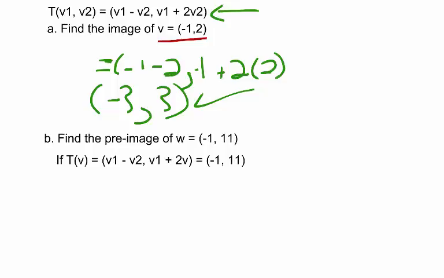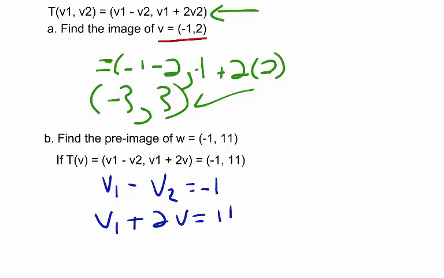We can solve for v1 and v2 using a system of equations where v1 minus v2 equals negative 1 and v1 plus 2 v2 equals 11. Now let's solve for each variable. I'll use the elimination method.